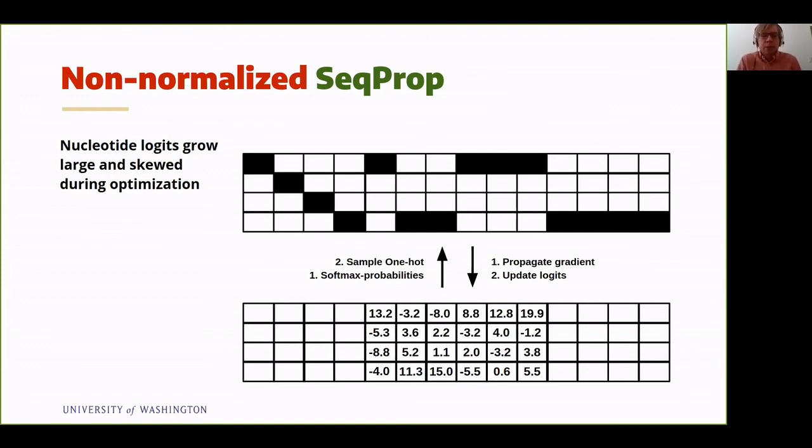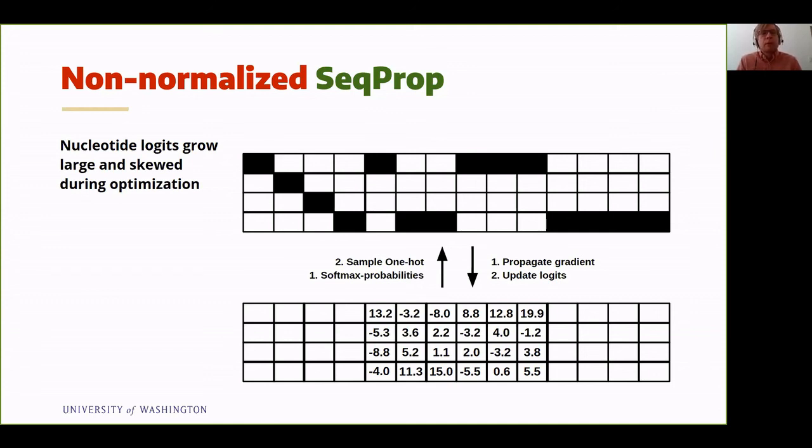During the course of optimization, the nucleotide logits will surely grow very large and very skewed towards favoring that motif, right? But this is nonlinear optimization we're doing here. Which means that all of a sudden, maybe after 10,000 iterations, the predictor might see another motif popping up somewhere else in the sequence, which has a nonlinear effect of saying that now some other motif needs to occur at this position.